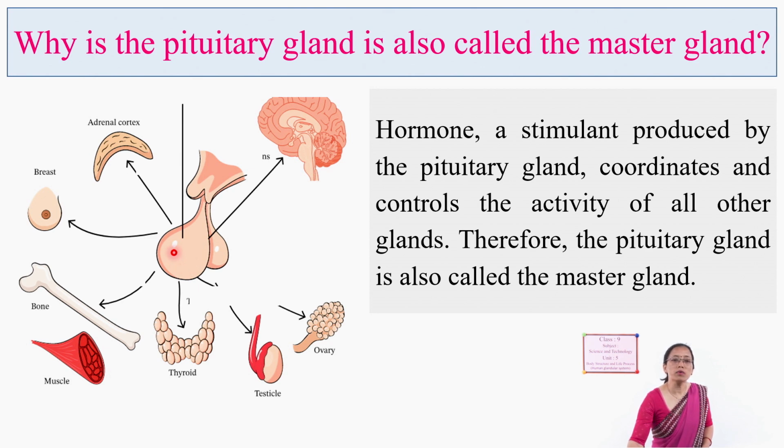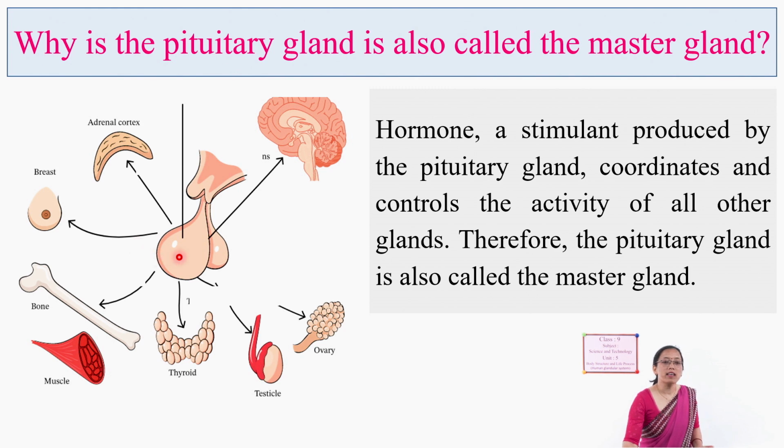Those stimulating hormones stimulate this adrenal gland, the adrenal cortex, which helps to secrete various kinds of hormones like adrenaline hormone and cortisol hormone. Similarly, some hormones produced by this pituitary gland stimulate the mammary gland and help it to grow as well as produce breast milk.